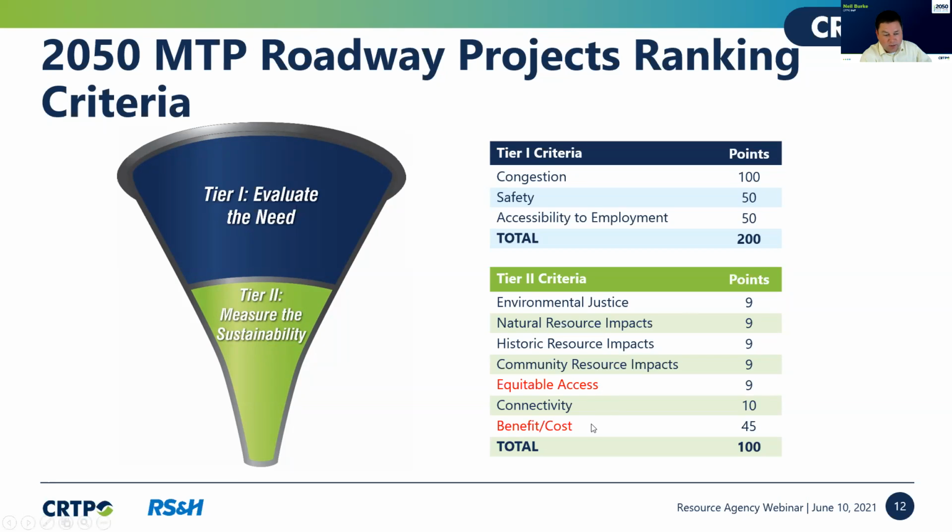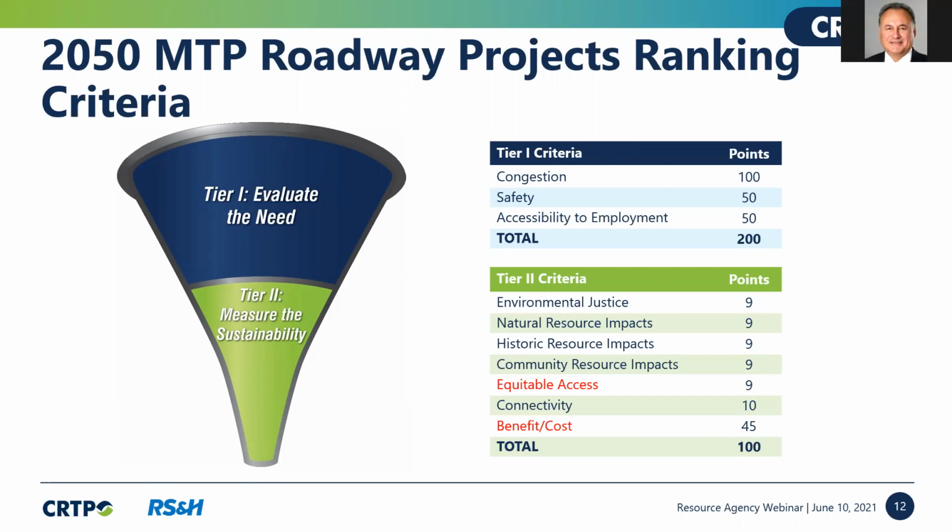We did use the regional travel demand model to help us calculate the equitable access scores and the benefit cost. But Tier 2 is much more qualitative, where we relied on regional staff to help assist us with scoring those projects. Great, that's helpful, Neil. Thank you so much.